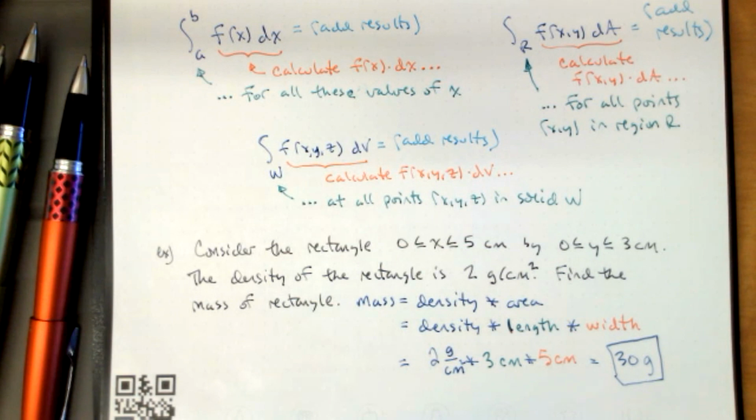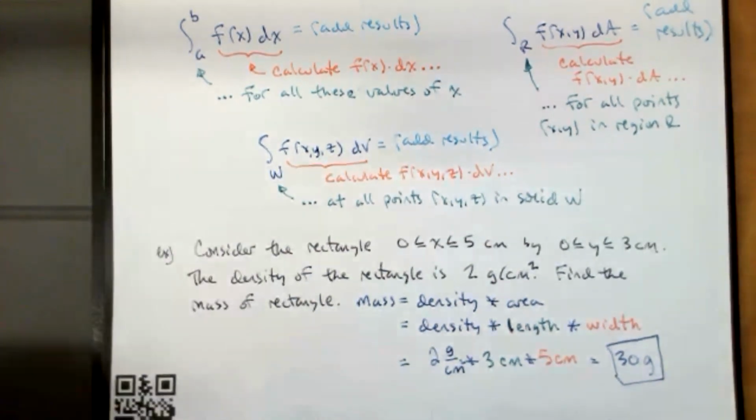Because all these factors were constant, all we had to do was multiply.